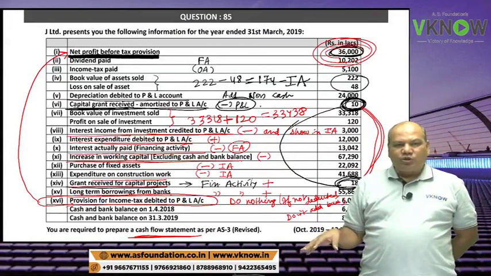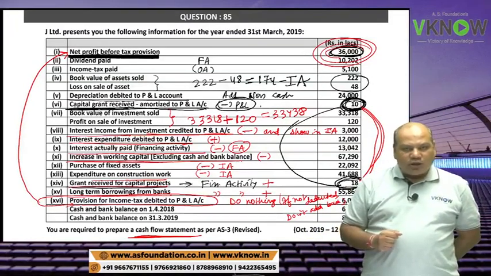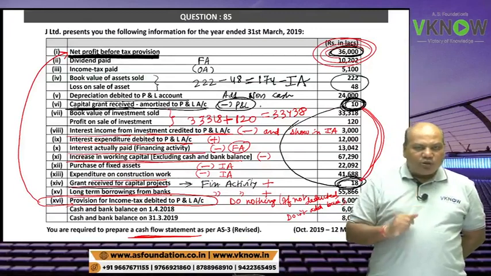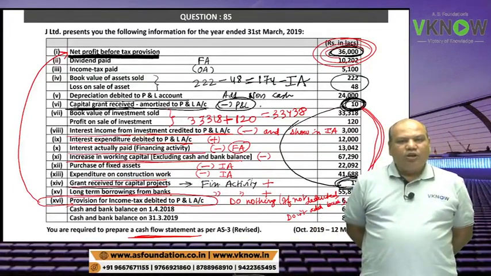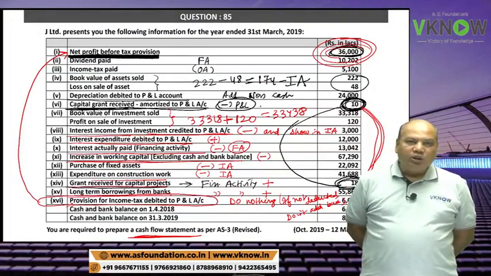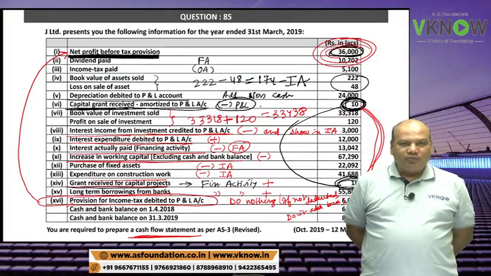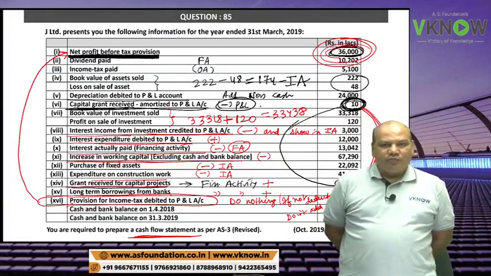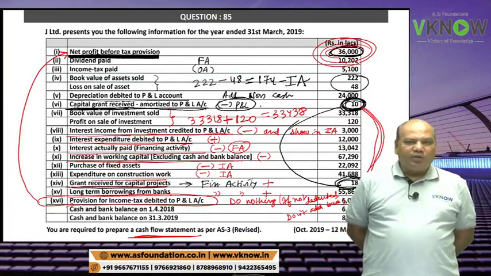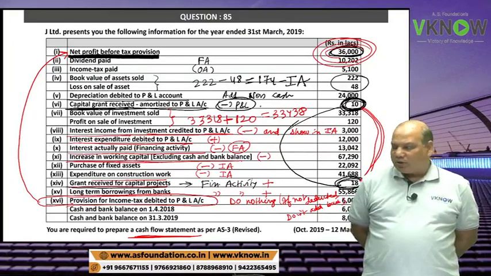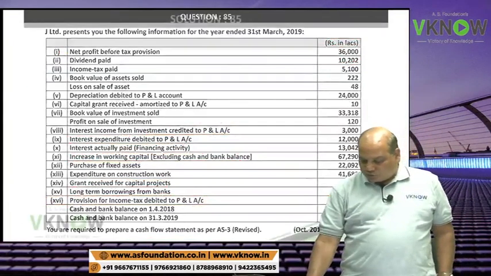Looking at this question, can you calculate the collection from debtors? Can you calculate the payment to creditors? No, you can't. Therefore, this question can be solved only under indirect method, because the way the question is drafted, profit is given, non-cash items are given, working capital change is given, which clearly indicates that it can be solved only under indirect method.